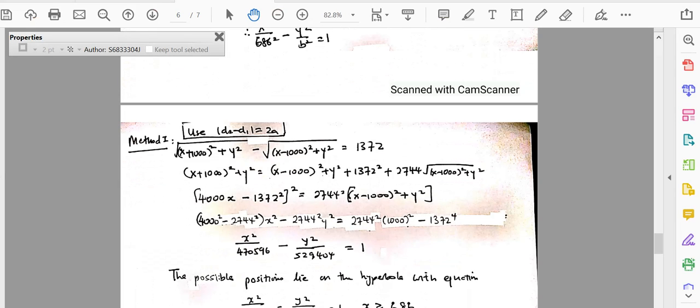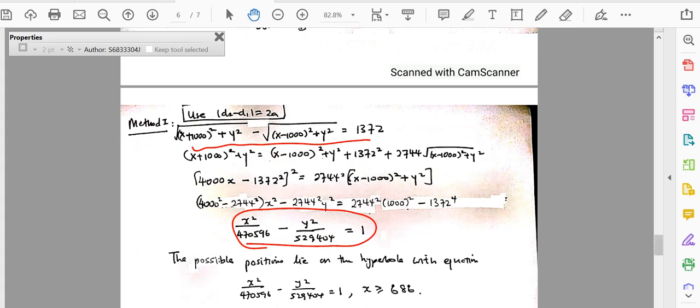The easiest or nicest way to go about it is to use mod d2 minus d1, using x, y as the point on the hyperbola. So we have this, and then we unpack the square root so that we have this quadratic equation of the hyperbola.